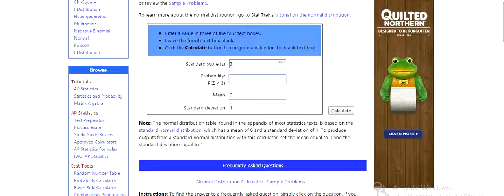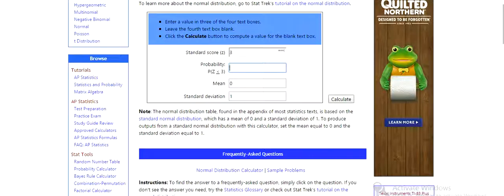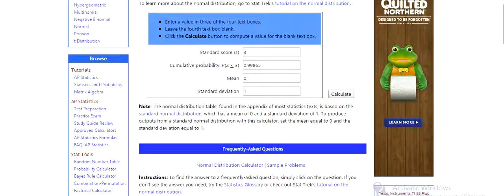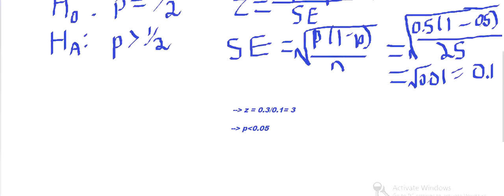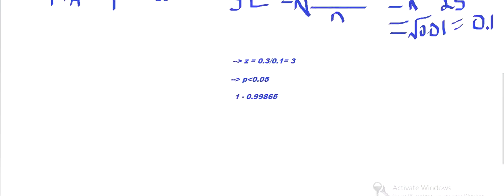So we put in z equals 3, calculate the probability, and that's 0.998. But this is a right-handed test, so we do 1 minus that, because we're testing whether the proportion is greater. That's 0.00135, which is less than 0.05.